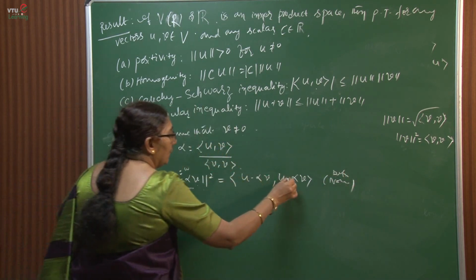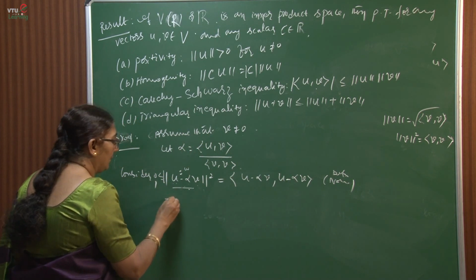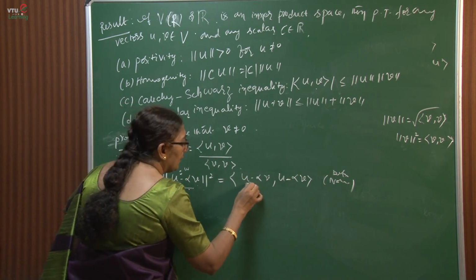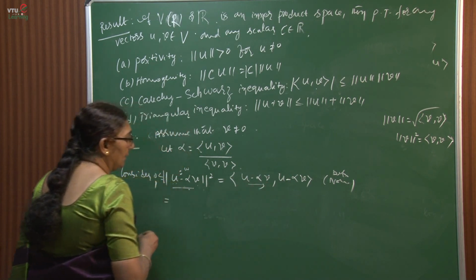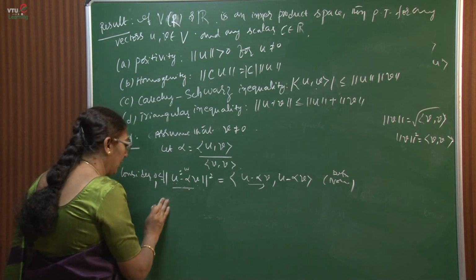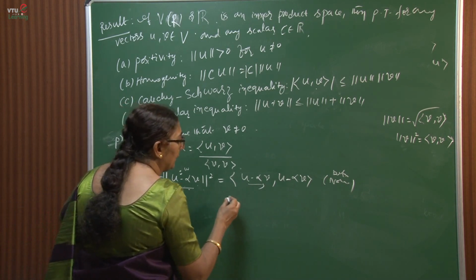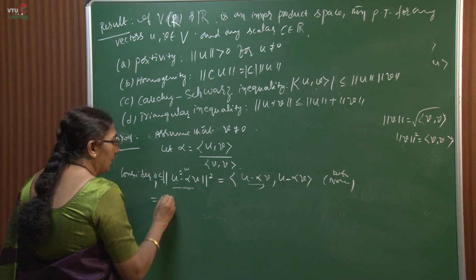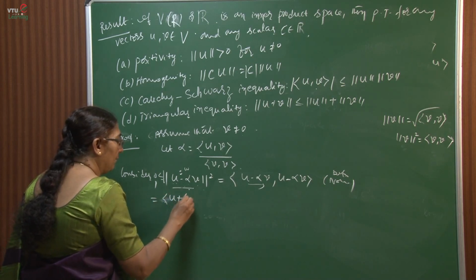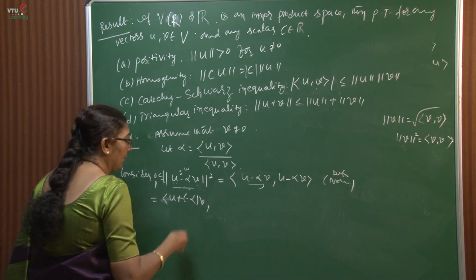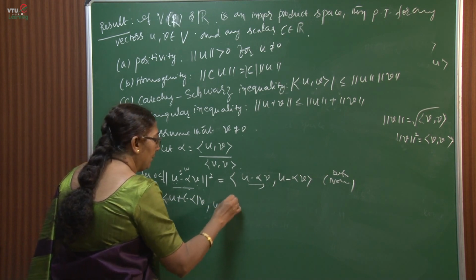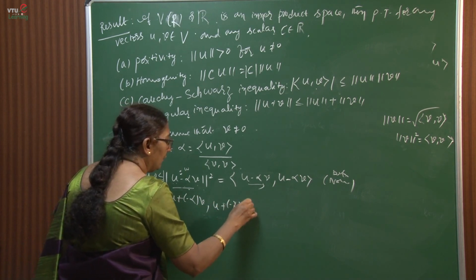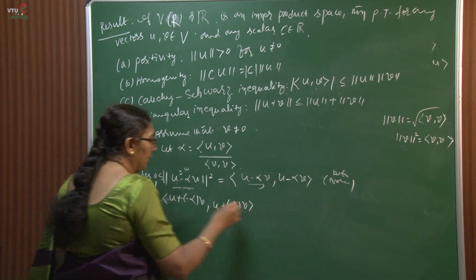And then again, from the additivity of the first slot, this can also be written as the inner product of u plus minus alpha into v, comma u plus minus alpha into v. Now I will go for additivity of the first slot.